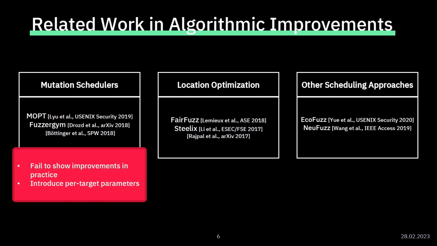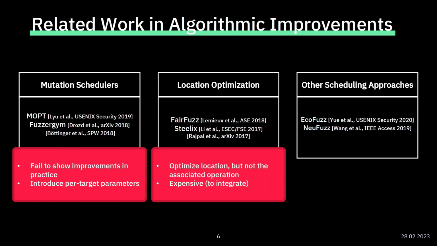But these all have some kind of drawbacks in practice. For example, for previous papers in the mutation scheduling area, it was very hard to show improvements in practice. And they also introduced new per-target parameters that you had to fine-tune based on your target, which made adoption in practice quite hard.